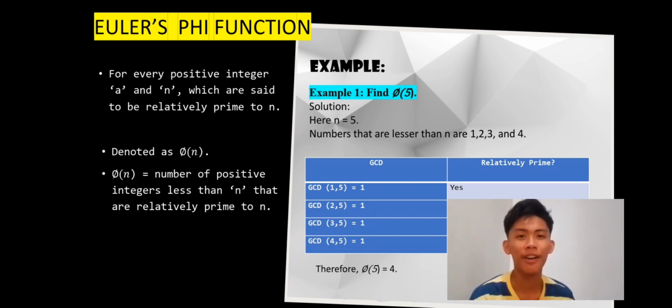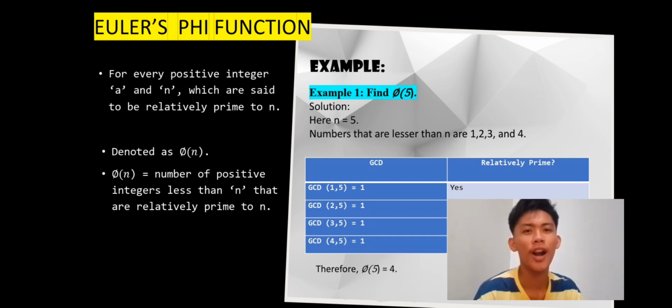So let's have an example for us to understand. Find phi of 5. Our n here is 5. The first step is to list all the elements: 1, 2, 3, and 4. The next step is to find the GCD to check if they are relatively prime to 5.